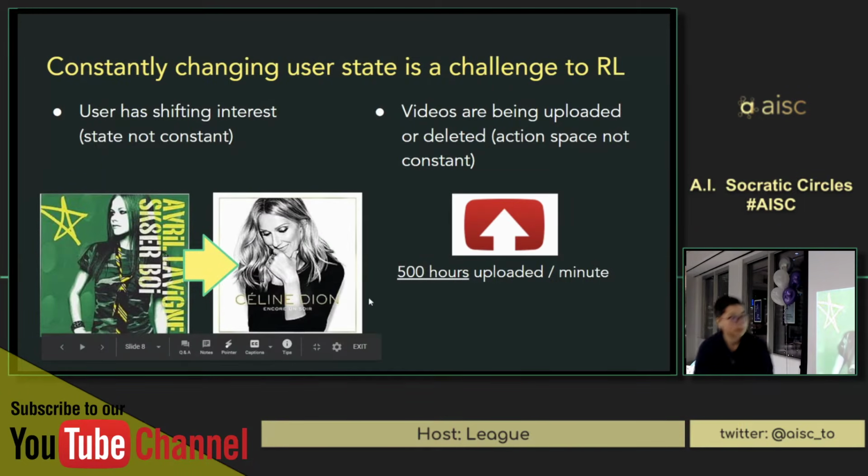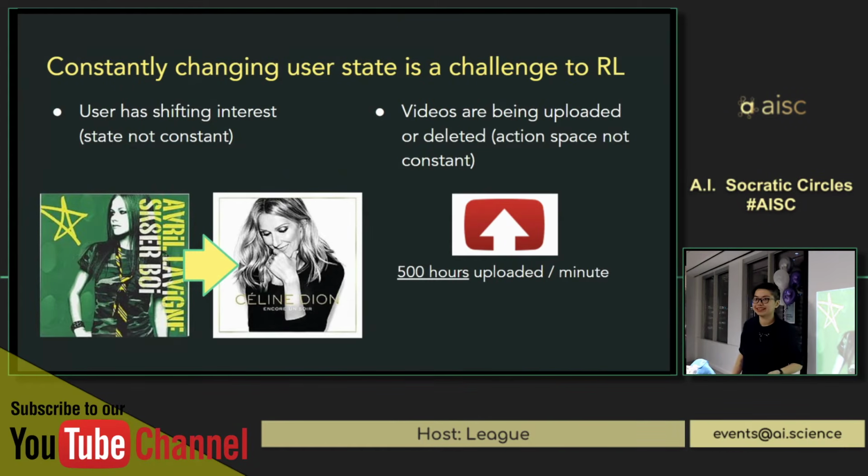Okay. So I mentioned the simple self-driving car scenario, but YouTube is more complex than some of the examples that come to mind for reinforcement learning, like playing chess or playing Go. What is unique about the YouTube problem is that the user has shifting interest. So the state here represents the user's taste, as I mentioned on the previous slide.